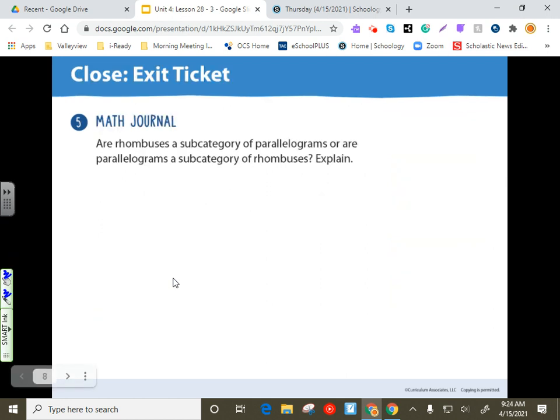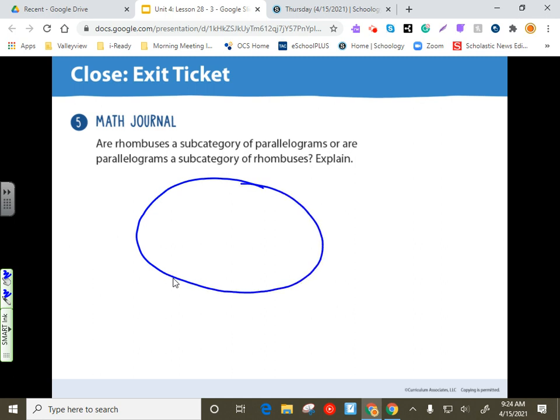And last question: are rhombuses a subcategory of parallelograms, or are parallelograms a subcategory of rhombuses? Let's use a Venn diagram. Okay, so we've got to think about the general descriptions of these.